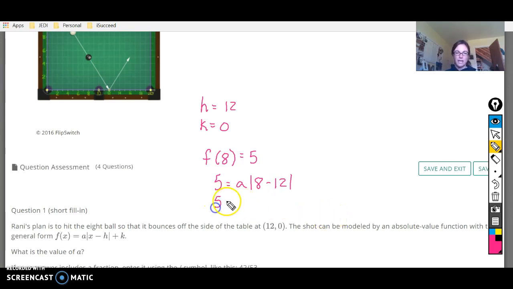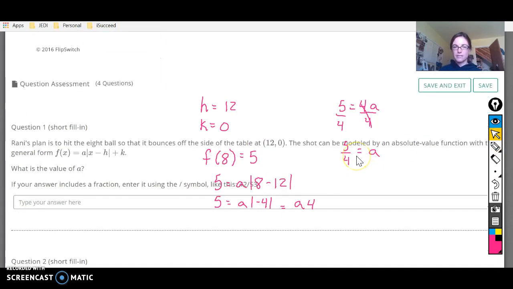So now I have 5 equals a times the absolute value of negative 4, which is a times 4. The absolute value of negative 4 is 4. So 5 equals 4a. Divide both sides by 4, and I get that 5/4 equals a. So I can either type that as 5/4 or 1.25. Okay, so that is our a value.